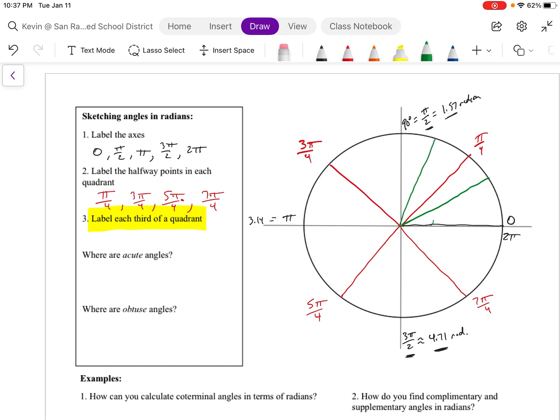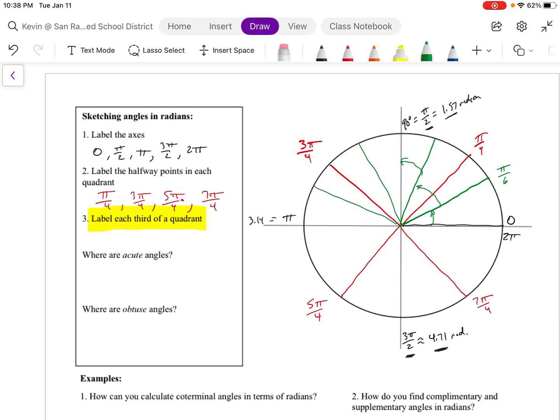So this is 1/3, right? This is a third, and this is a third. And of course, I didn't draw it very well. Each of these angles should be the same, okay? They're all 30-degree angles. But this part here is going to be pi over 6. It's 1/6 pi. We've divided the first quadrant into 3 pieces. The second quadrant is also 3 pieces.